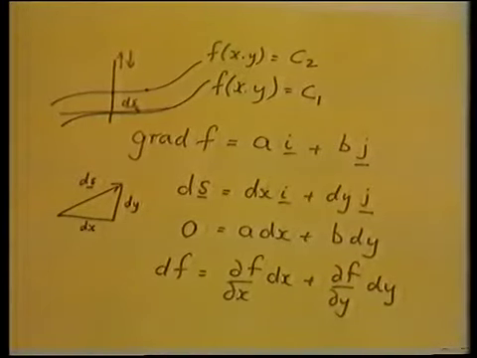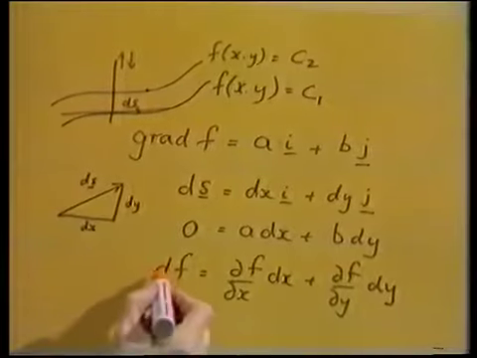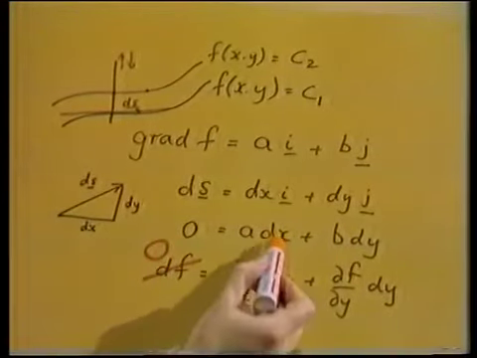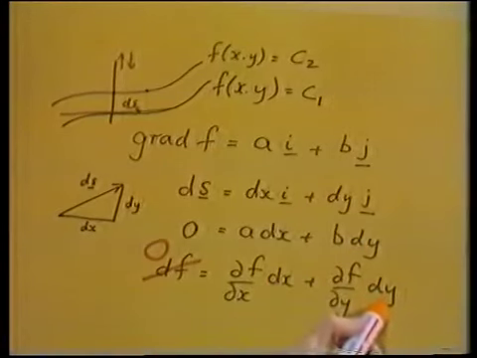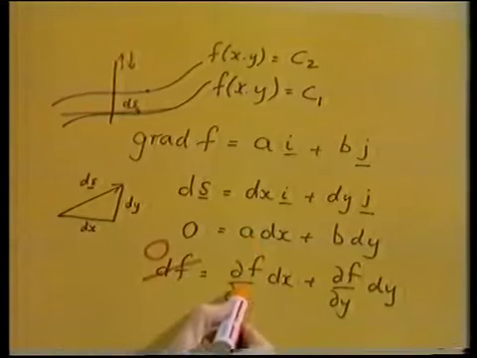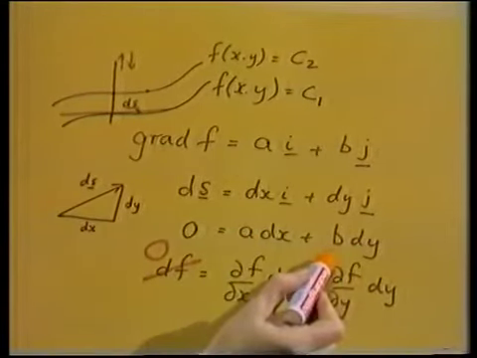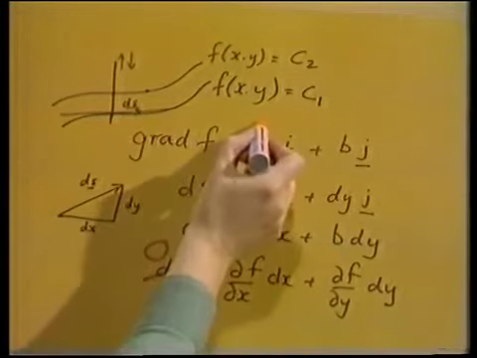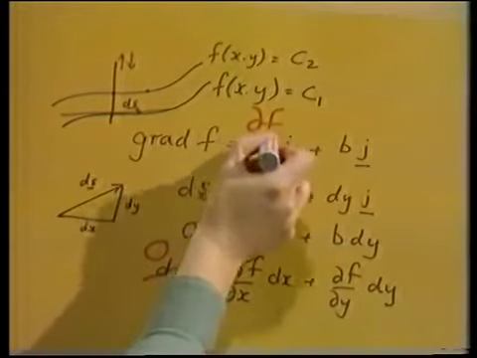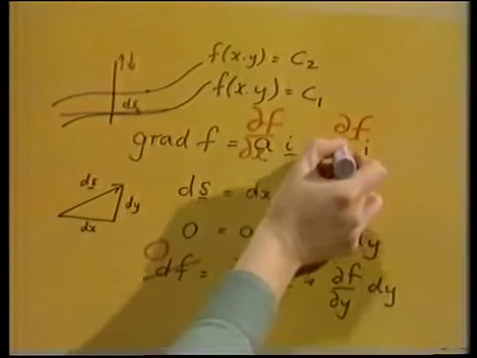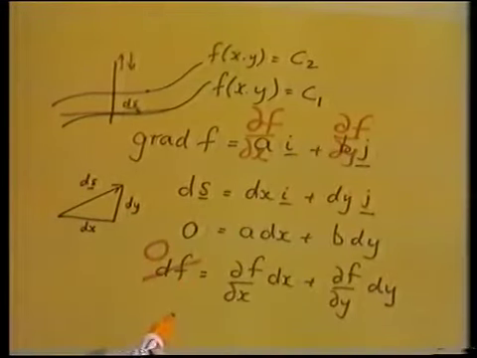Now, along the contour then, df is going to be 0, so that means that given the same dx and dy here, it'll all fit together if I write ∂f/∂x for A and ∂f/∂y for B. That is, up here, I'm going to put in ∂f/∂x and ∂f/∂y instead of A and B.